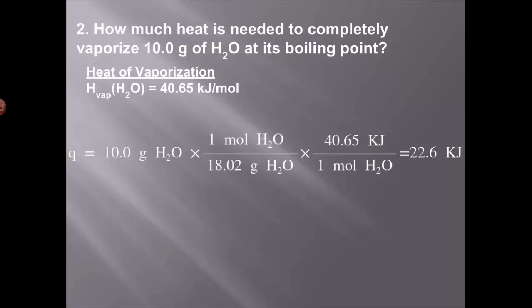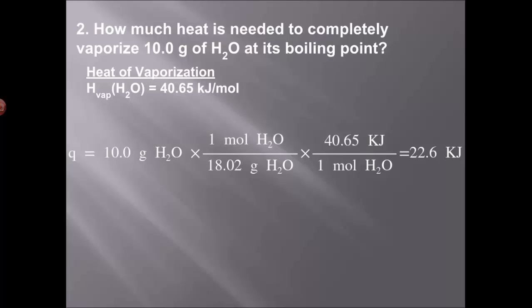So when water is going from liquid to vapor, it's boiling, the temperature of that water stays exactly at 100 degrees, as long as we're at sea level, and it stays at 100 degrees until the entire amount of water is converted completely to steam. So if you use Q equals M times Cp times delta T, and delta T is 0 during a phase change, you get Q equals 0. But that's silly. Of course you have to add heat to get water to vaporize. So Q equals 0 is not accurate.